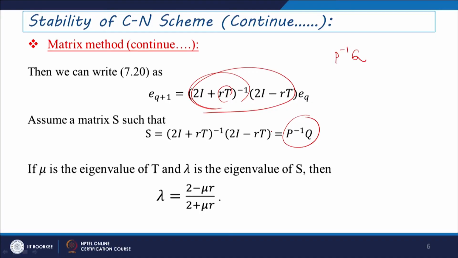Suppose mu is the eigenvalue of T and lambda is the eigenvalue of S. Then the relationship between T and S can be written as lambda equals (2 minus mu R) by (2 plus mu R). If you see this above system, we are writing S as the system that is nothing but P inverse Q, and 2I means it takes 2 into the identity matrix.